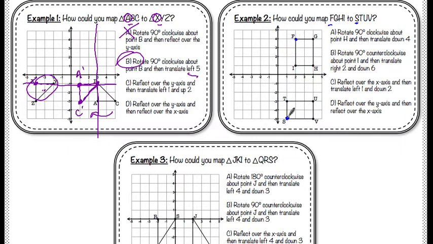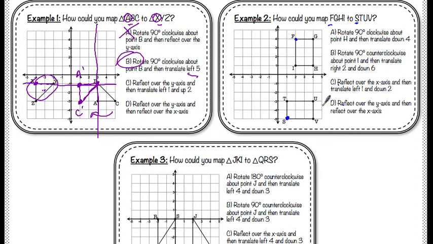So F is supposed to match up with S. We're going to look at the answer choices. I think that some sort of rotation or a couple of reflections have happened. So we're going to have to see of these choices which one either has a rotation or a couple of reflections. I see reflect and reflect.